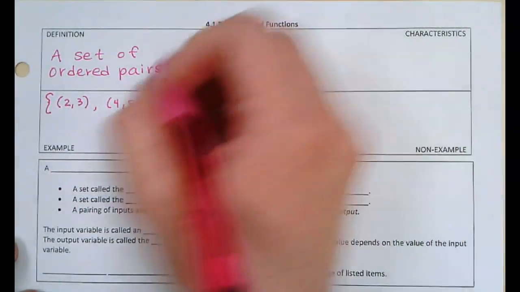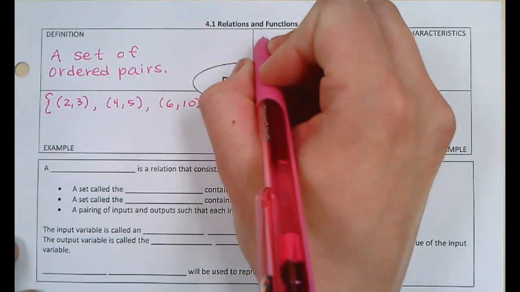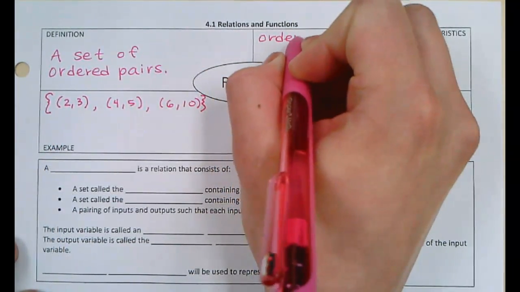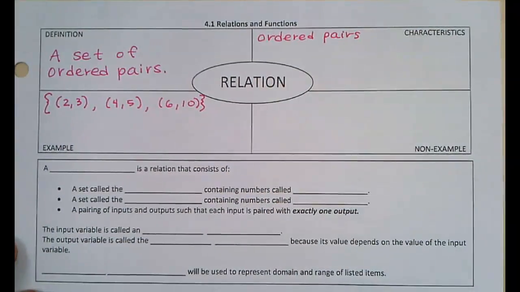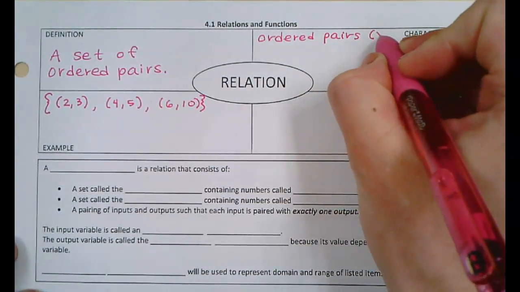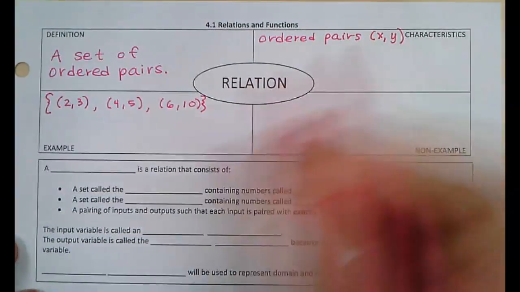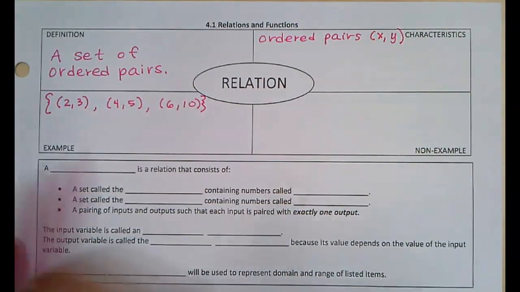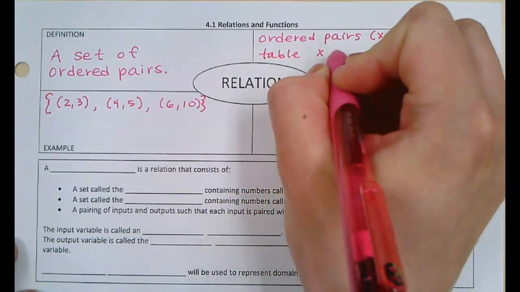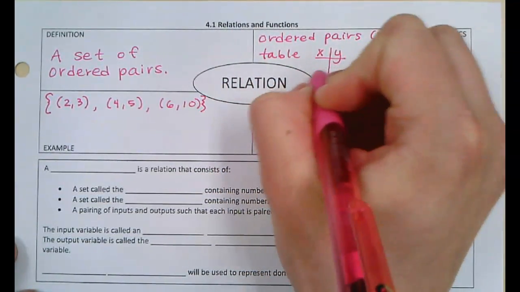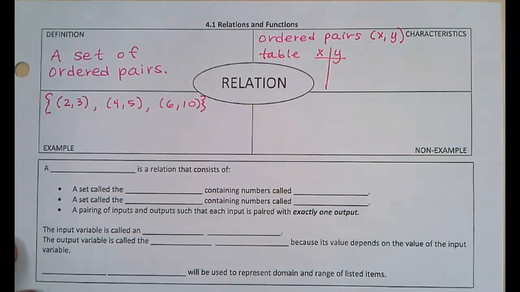Some characteristics, just like the definition says, we could have ordered pairs. These ordered pairs are always listed as X, Y. We could see them written as a table, given all of your X and Y values in that table.